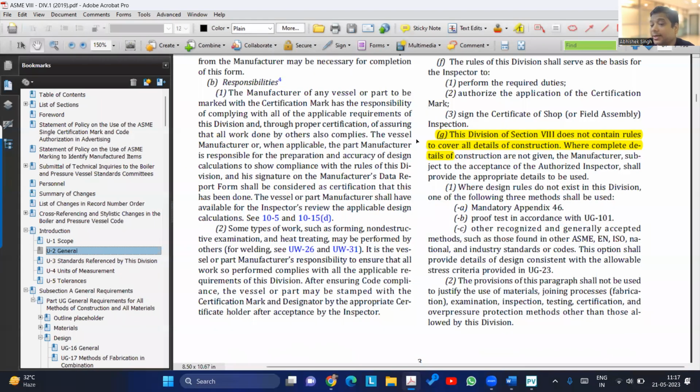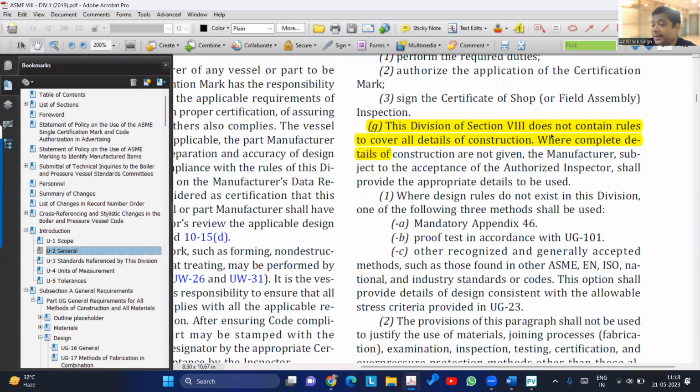So let us try to understand. This division of section 8 does not contain rules to cover. So division 1 agrees that there are very few rules available, or it does not have rules for all kinds of design. So where complete details of construction are not given, you can use the appropriate method given in 1, 2, 3. So what is the first? Where design rules do not exist in this division.